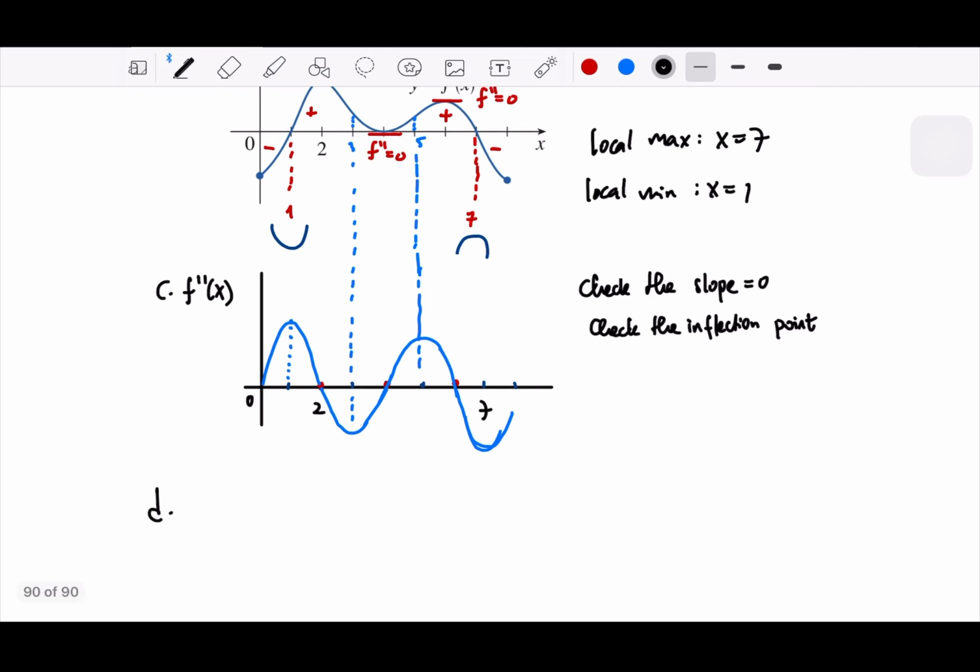And now we need to check the original graph.